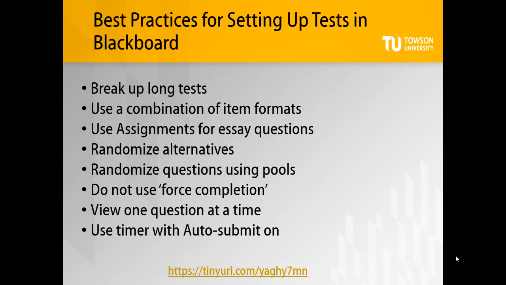Faculty are encouraged to break up long tests, use a combination of item formats, use assignments for essay questions, randomize alternatives, randomize questions using pools, to refrain from using forced completion, to set the view to one question at a time, and to use a timer with auto submit turned on.